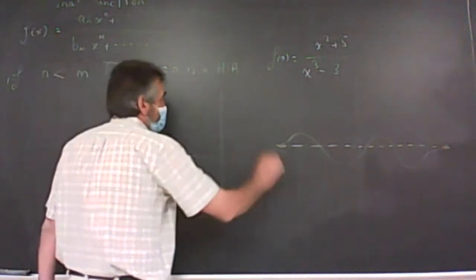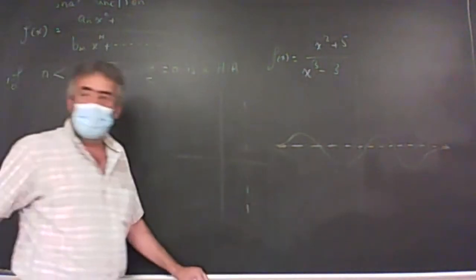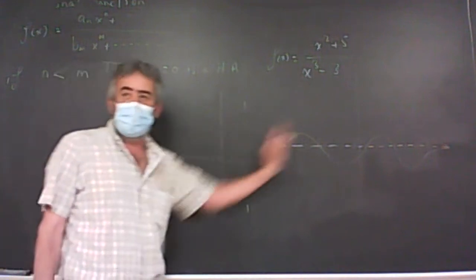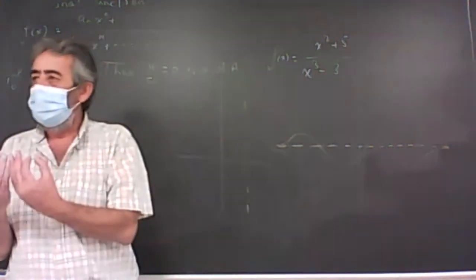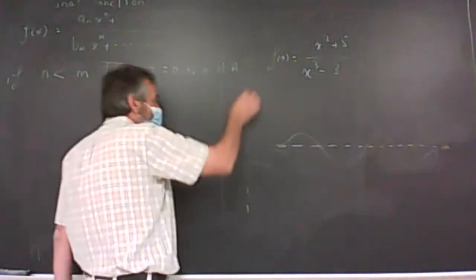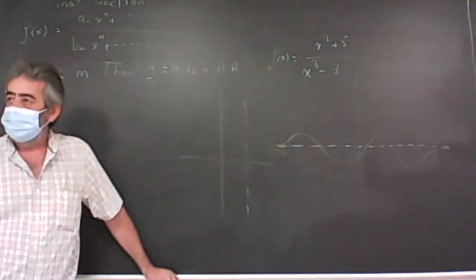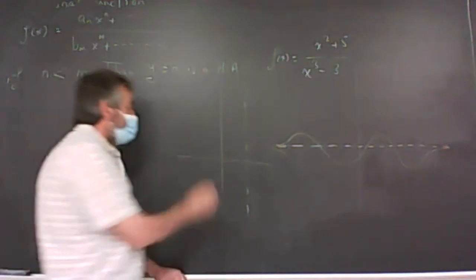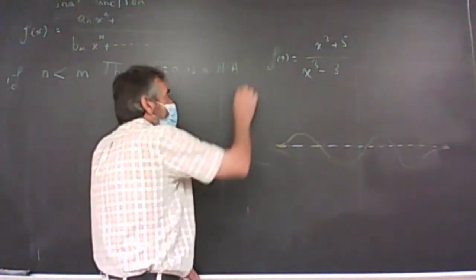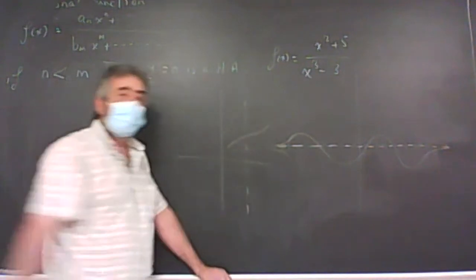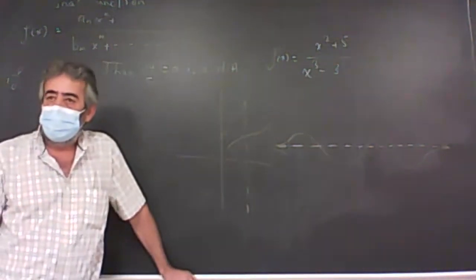It's different than vertical. If I have a vertical asymptote here, that means the graph is divided in two parts. Part on this side, part on that side, they don't meet, because the graph is not going to get to that line.